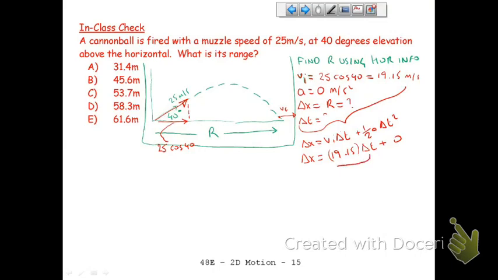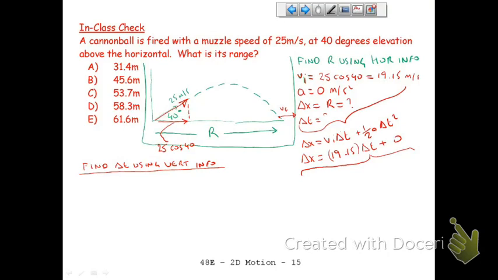If only I knew that delta T. Man, if only I knew that delta T. You've used your X info, so you can't find delta T using X. If you could, you would have done.